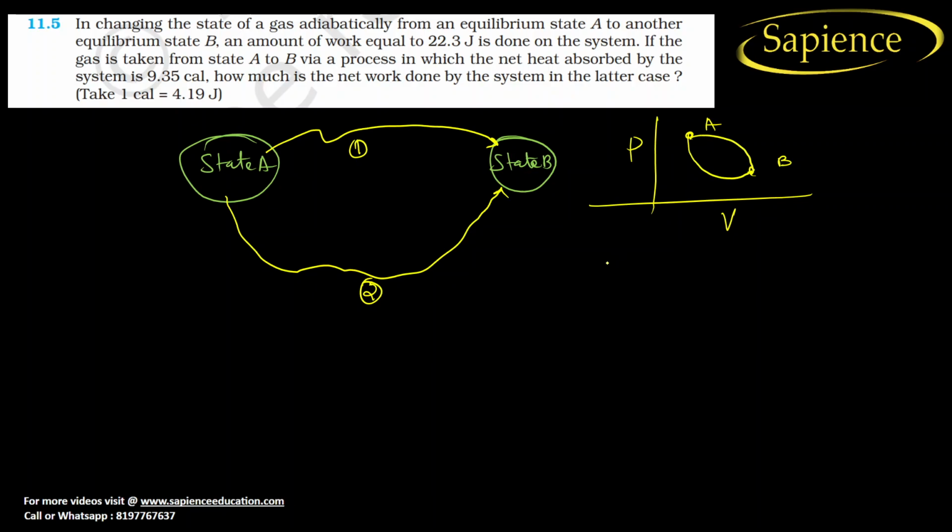So the path may vary. Now for condition 1, what data have they given? They have given that condition 1 is adiabatic. Adiabatic means delta Q is equal to 0. So heat is equal to 0 for case 1, due to the adiabatic process.